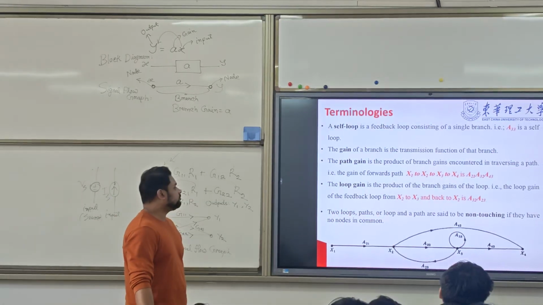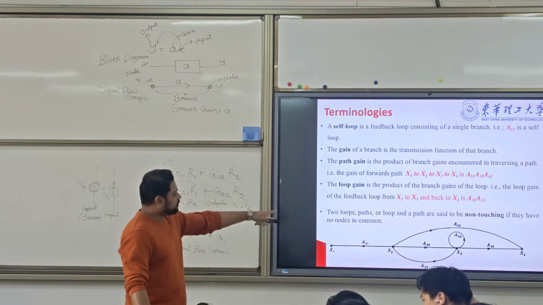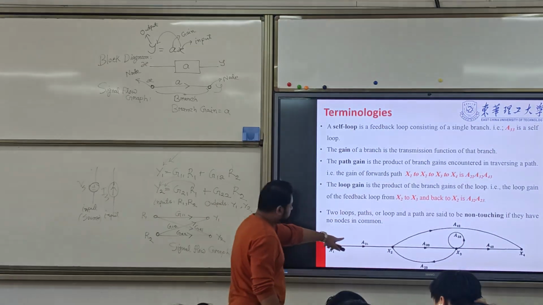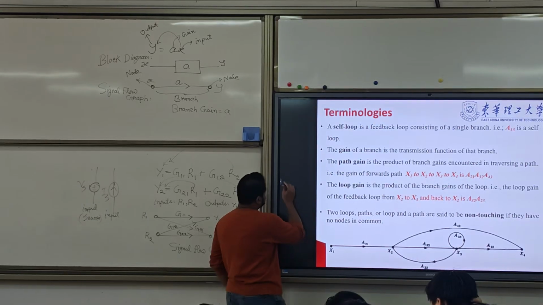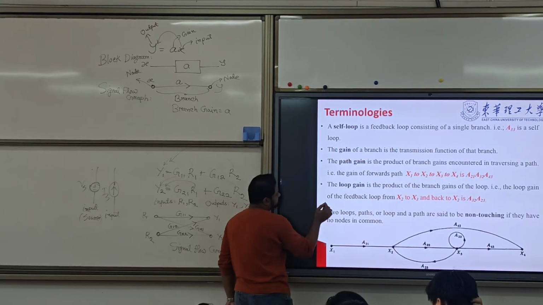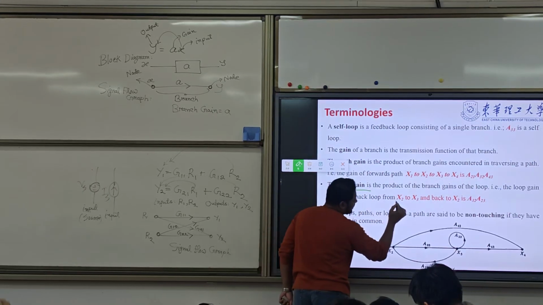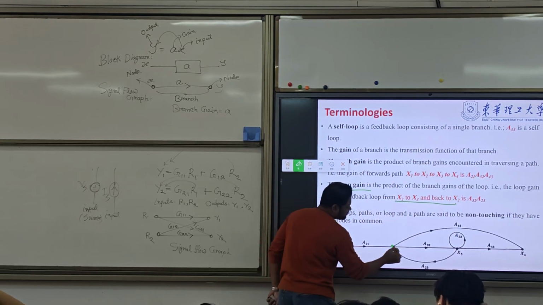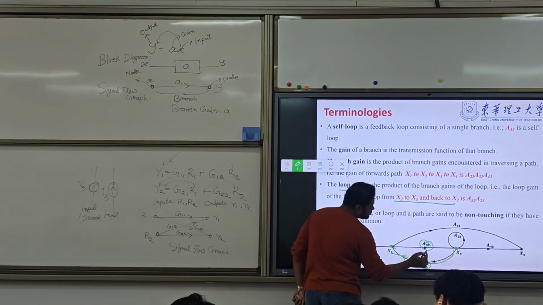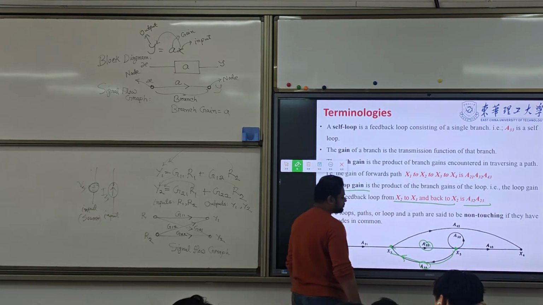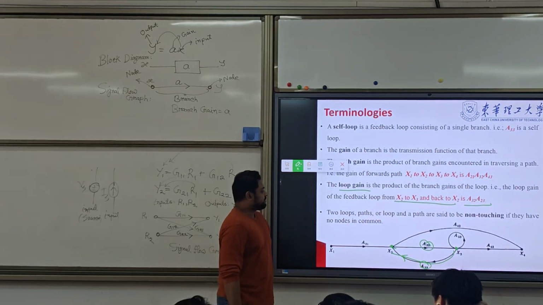The next one, the loop gain. So how many loops do we have? We have one loop, that is x2 to x3 and back to x2. So the loop gain, that is the feedback loop, we have x2 to x3 back to x2. We have two gains, so it will be the multiplication of A32 and A23.